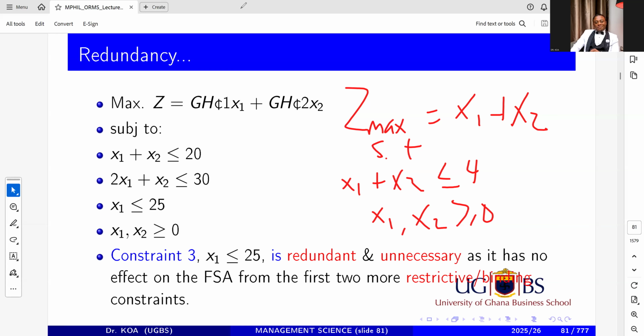Guys, if you're done, type it privately to me and let me know which one you have selected. If it is multiple optimal solution, just write MOS. If it is infeasibility, just type I. Unboundedness, type U. Redundancy, type R. If it is Lotto 2, type L.